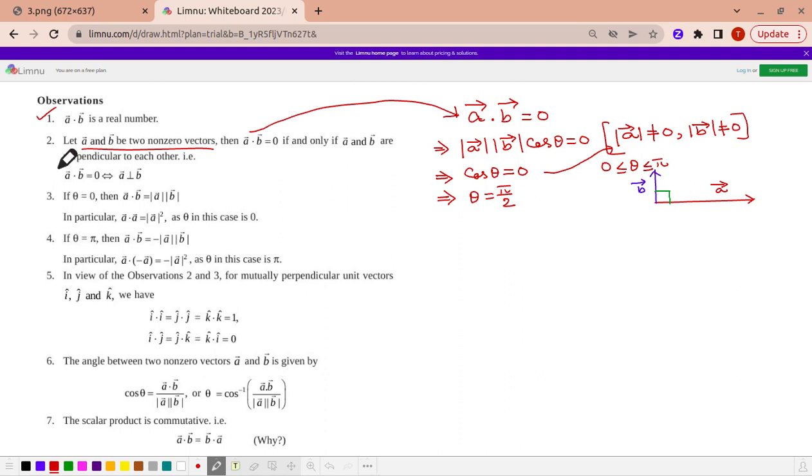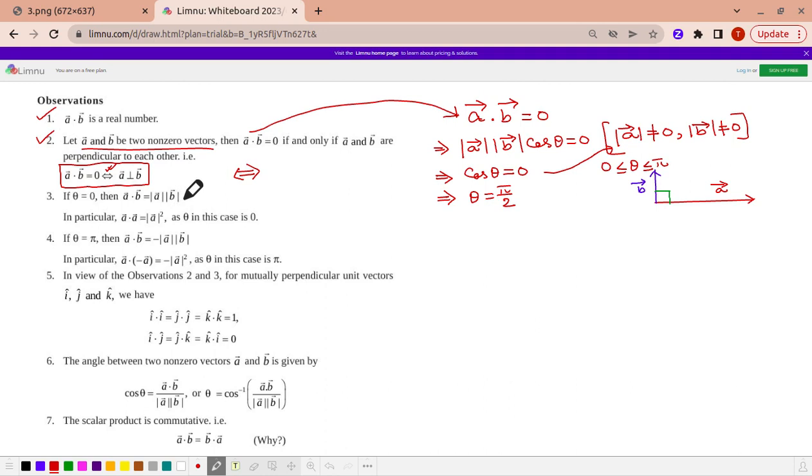That's why this statement has been mentioned here: A dot B equal to 0 implies and is implied by A is perpendicular to B, both sides arrow. That means if A dot B equals 0, then vector A is perpendicular to vector B, and if vector A is perpendicular to vector B, then vector A dot vector B is equal to 0.